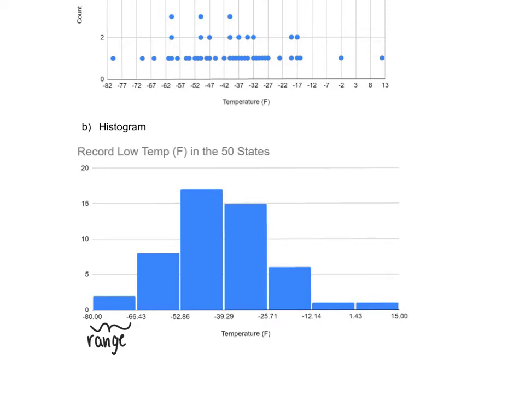So remember, one of the important things for a histogram is each bar is the same width. If they're not the same width, then the graph becomes misleading. And then the height here is the number of states that fell within that range of the temperature along the bottom.